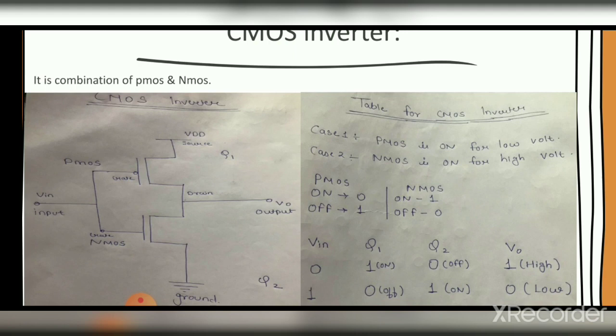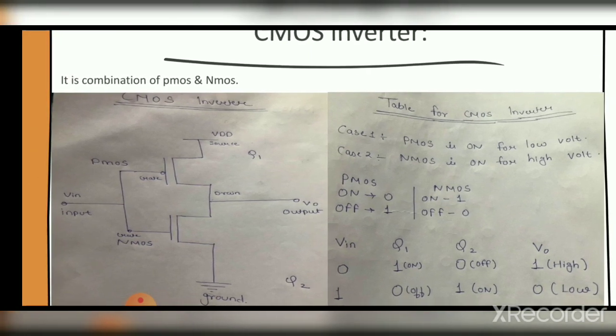Q1 is PMOS and is on for low voltage, which is 0, and NMOS is off, so we get high output voltage. Due to Q1 we get output from VDD, and Q1 is short circuited. You can see in the diagram we get output from Q1 by VDD.